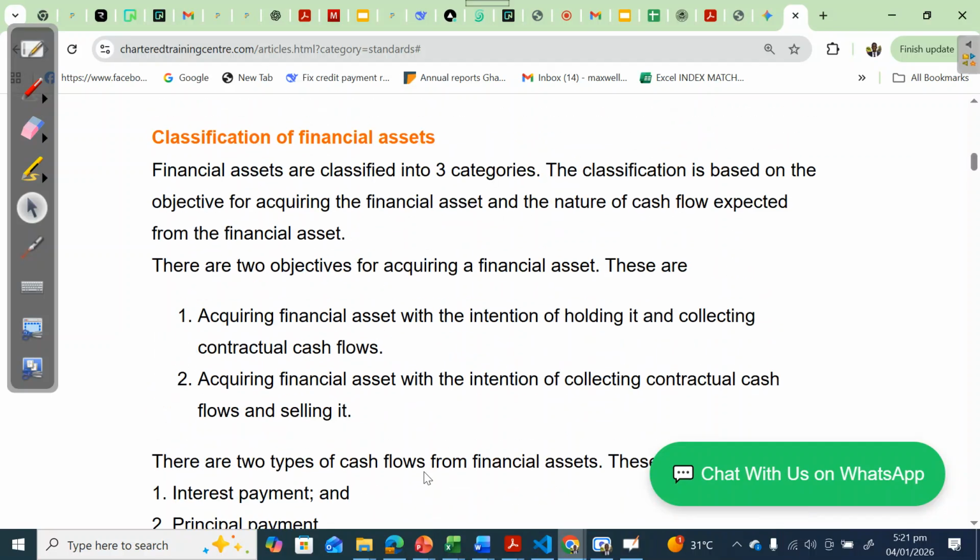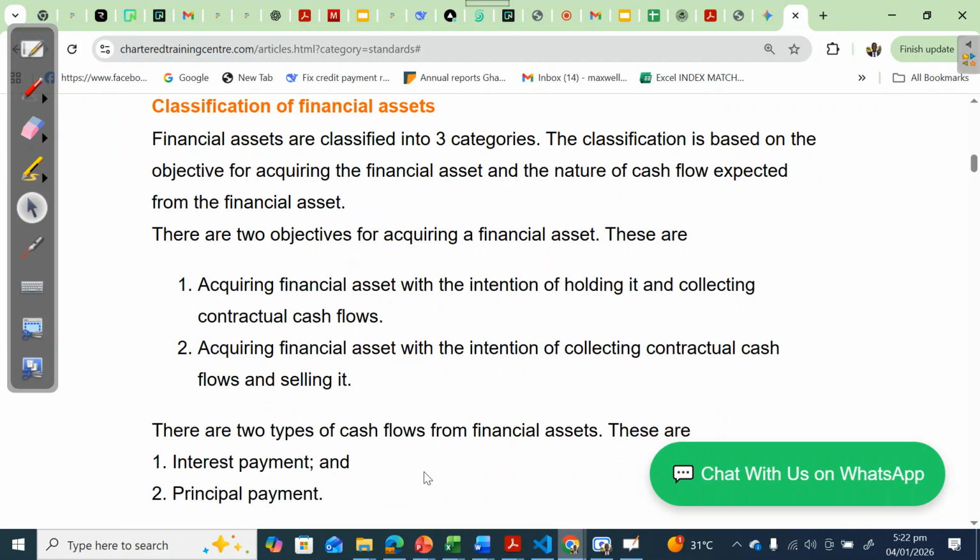Before we recognize these assets under category A, B, or C, there must be reasons why we are classifying them. Why don't we keep them as one? Why do we classify them?